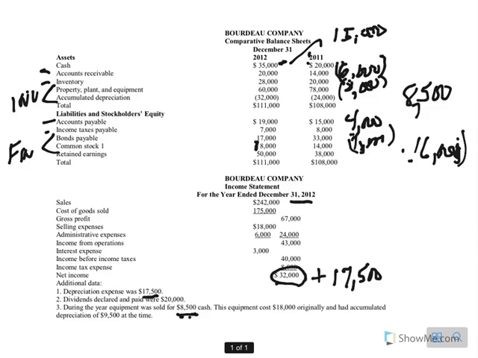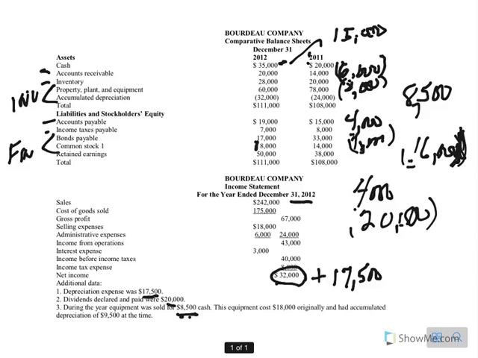And common stock went up from 14,000 to 18,000, so that is a 4,000 source of cash. And lastly, they said down here that we paid dividends of 20,000, so that would be a use of cash.